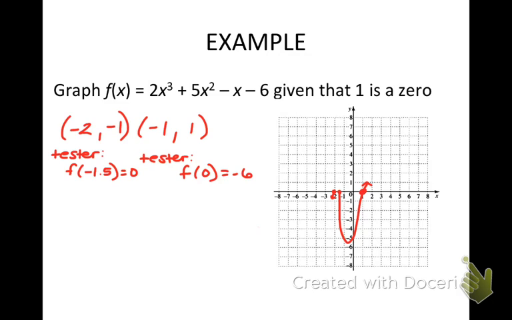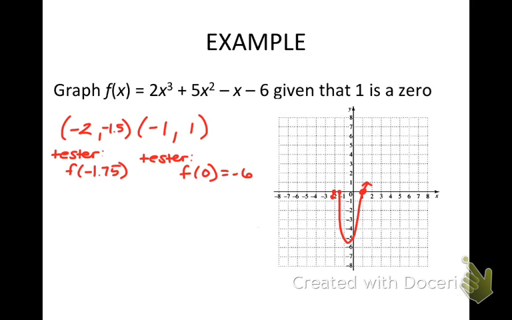Oh, that's right, because I didn't pick the right numbers. Thank you, Kevin. Does everybody see what I did wrong? My range should be from negative 2 to negative 1.5, not negative 1. So we need a different tester point. Negative 1.75? Sure, negative 1.75. Sorry about that.